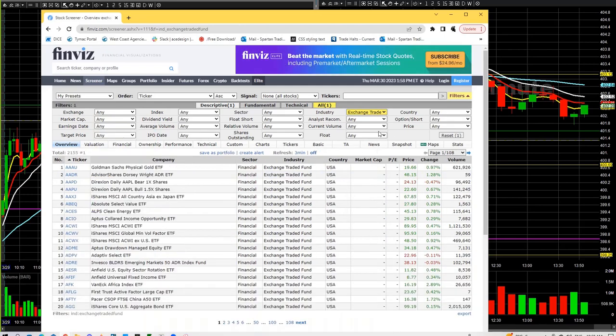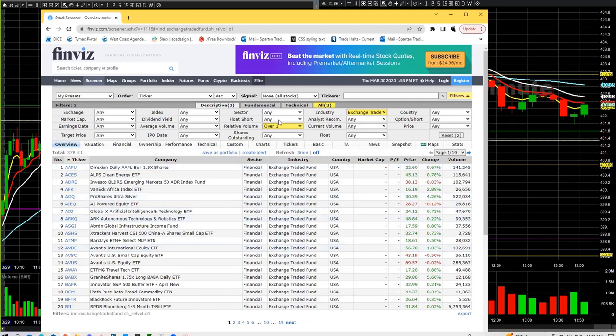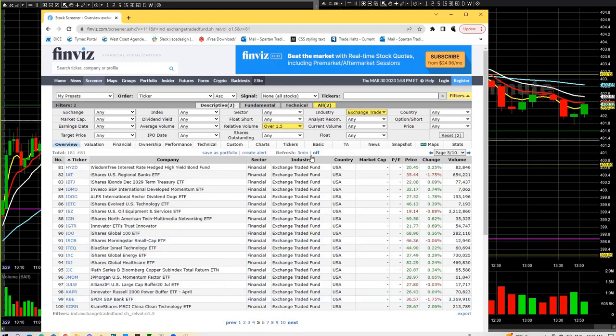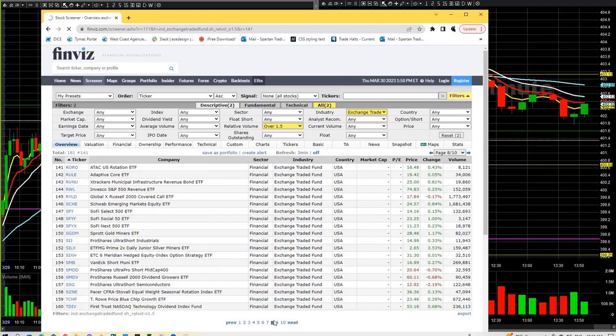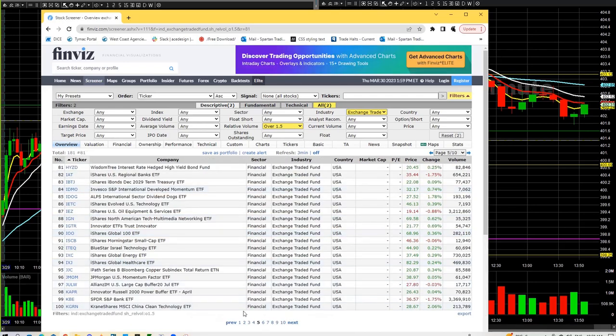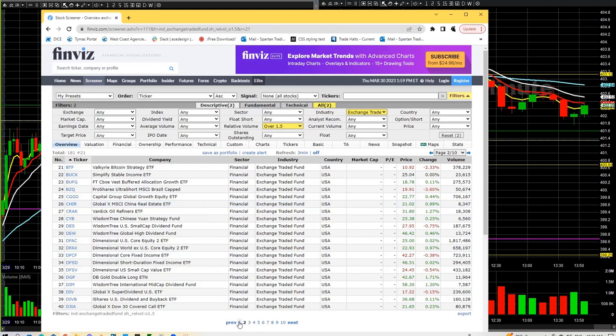What I'll do then, because it doesn't look like it's filtering them right, is go to the ones with some decent relative volume instead. And then based on what you're looking at sector-wise, have a whole bunch of different sectors set up.